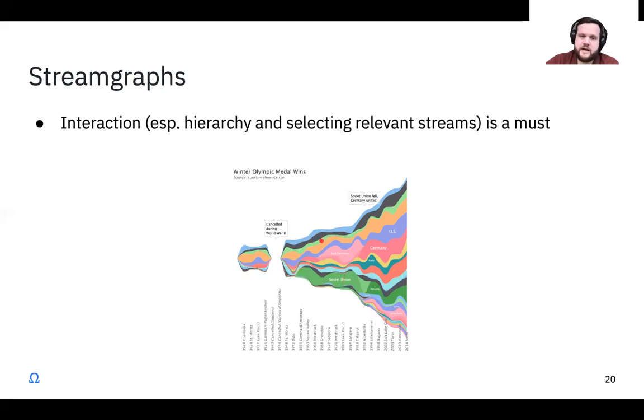I'm not sure. I would be hypothesizing when it comes to answering this question. So I don't have a defense for stream graphs in this regard. But yeah, you make a good point. When it starts to turn upwards, then you might have a bit of a different perception.